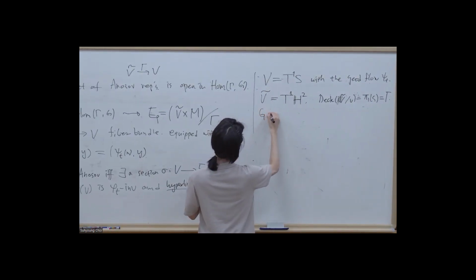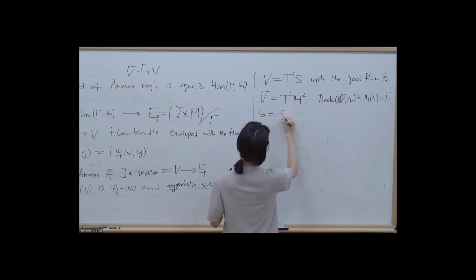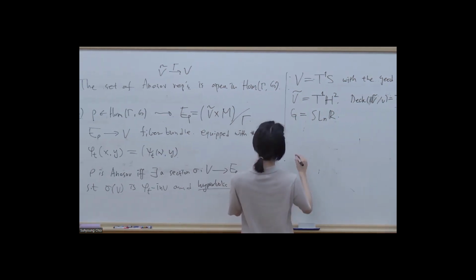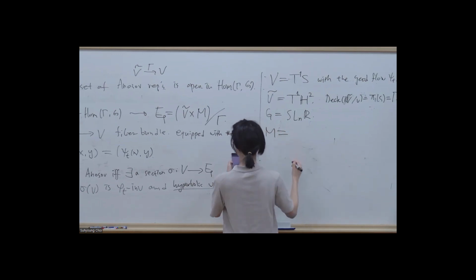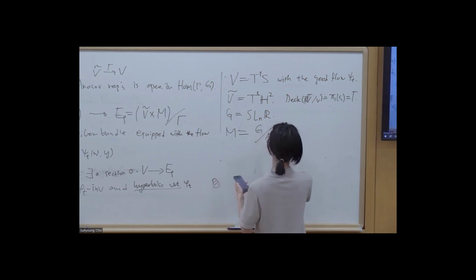And our Lie group G will be either PSL(n,R) or SL(n,R), but I prefer SL(n,R) here. And our manifold M will be G mod A. I'll describe what they are.